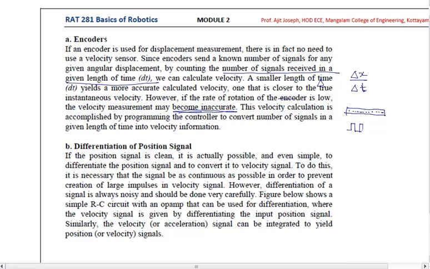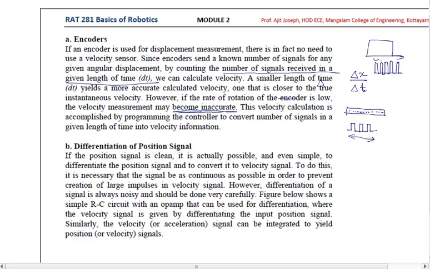Now if you want a more accurate reading, that will be obtained only when the time duration is taken to be small. And if the length of time is reduced, the problem is that within one duration we may get only one pulse. So within a very small duration we want a large number of pulses so that we have better accuracy of the velocity.